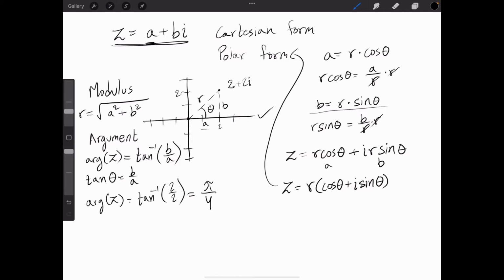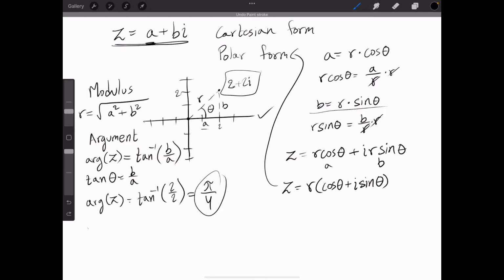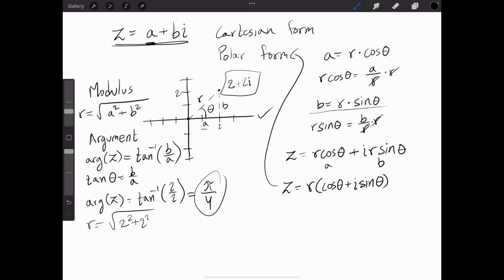So now let's write the complex number that we found here, 2 plus 2i, for which we found the argument. Oh yeah, we forgot to find the modulus. The modulus of z, or let's just write r, is equal to the square root of 2 squared plus 2 squared.